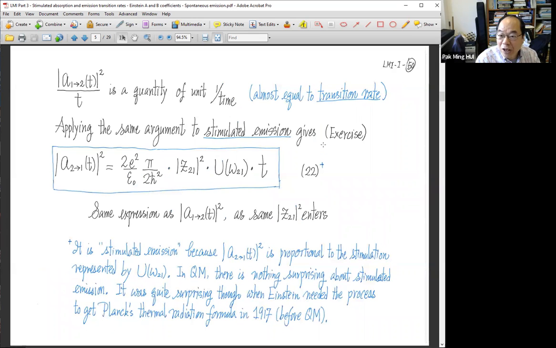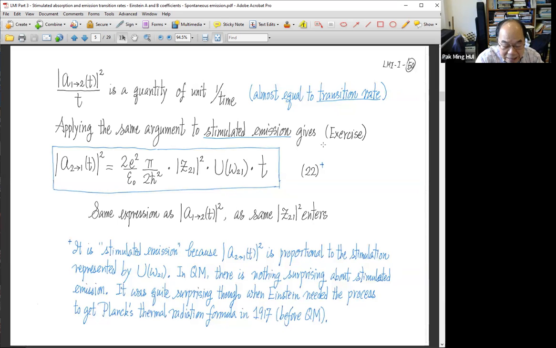Now, the punchline. I would like to do something that is per second, per time. So I have a time on the right-hand side. Therefore, it is very easy to divide the time through, then I will get something called the rate of transition. Okay.